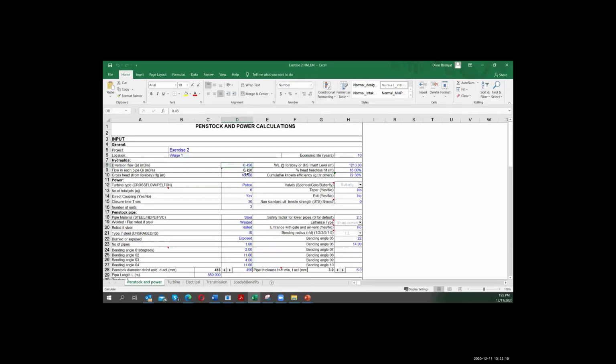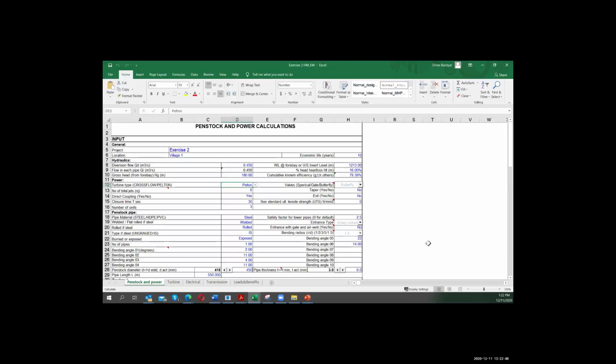Okay, so gross head is here. Normally in micro hydro, they use Pelton or cross flow turbines. I will talk about these turbines later. As you know, in lecture 3, Hydro03, we did the comparison of Pelton, impulse, and reaction turbines.